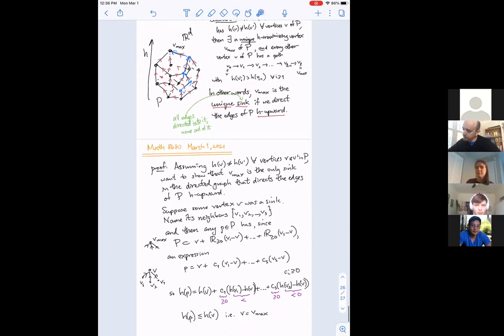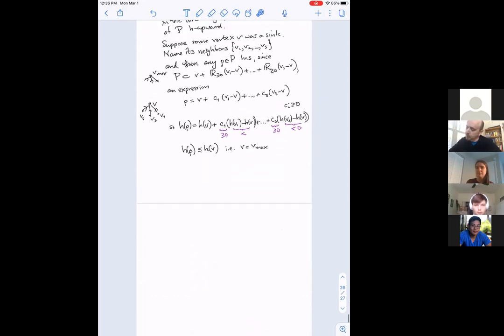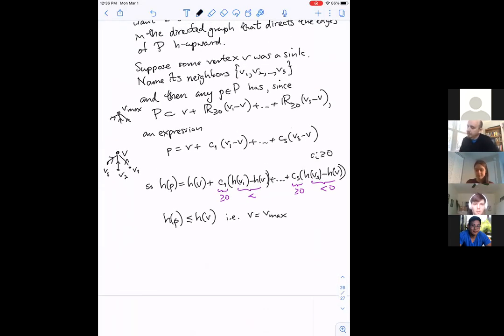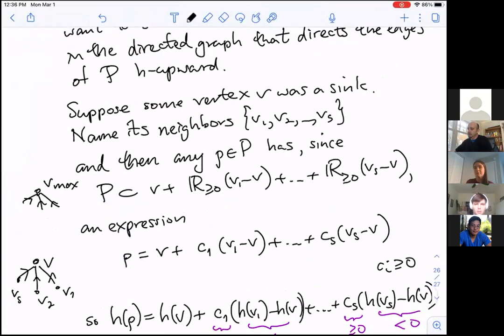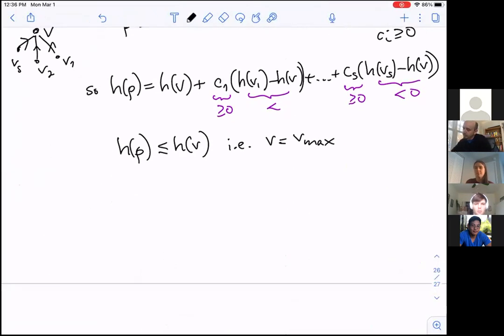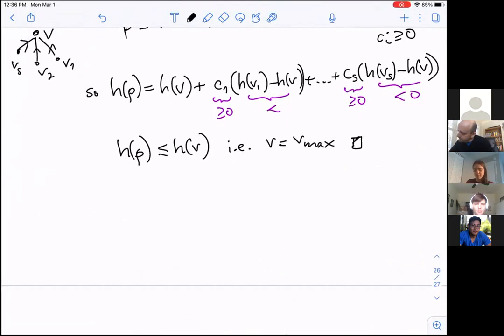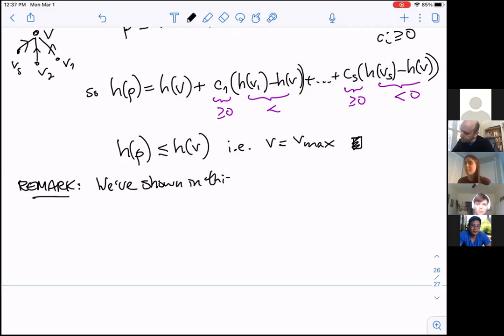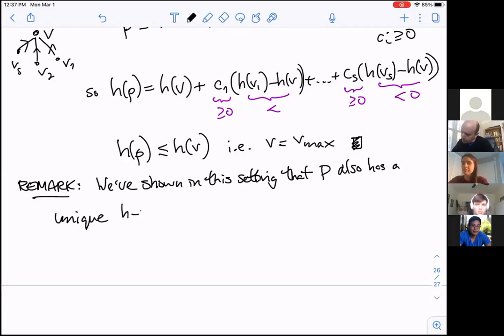Okay, so remark, after we put in our little end of proof symbol, let me rotate this to the way we usually have this. We've shown in this setting that P also has a unique H minimizing vertex.